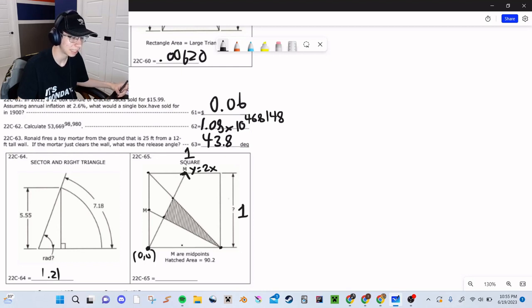Right? Because it goes half a side length over, goes up a side length, so rise over run, it's 2x. This equation right here would be y equals 1 minus x. And this equation right here would be y equals 1/2 minus 1/2 x. And I'm going to graph all of these equations on my calculator.